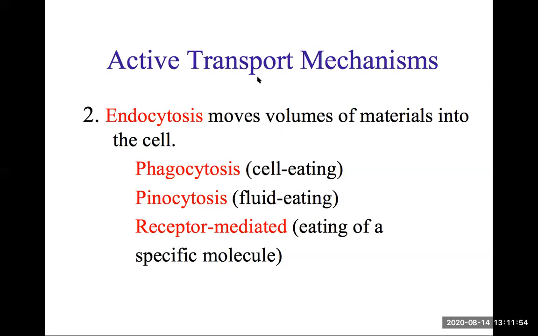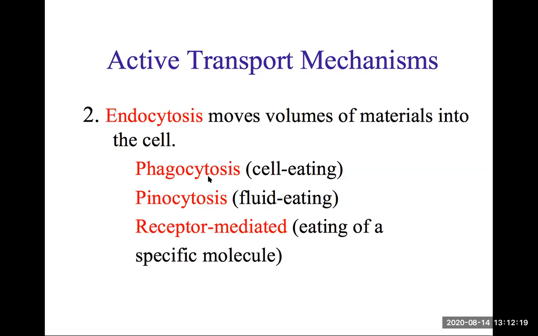All right, the second type of active transport mechanism that we're going to look at is called endocytosis. Endo is a prefix that means within or inside. Cell, okay, so this is within the cell. It moves volumes of material into the cell. These are 3 types of endocytosis.